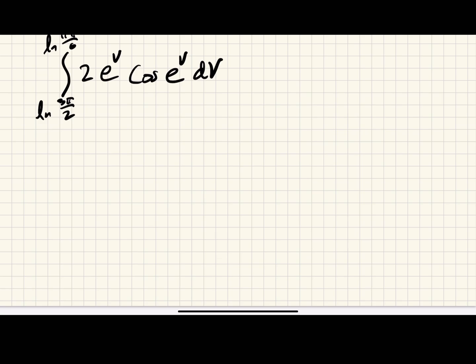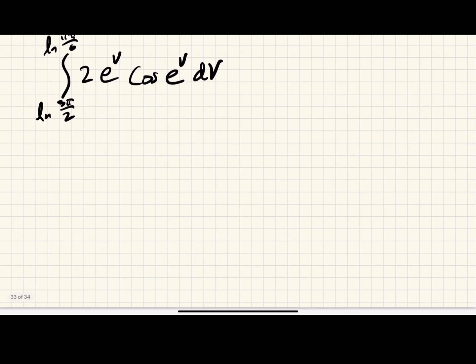What are you thinking u ought to be? e to the v. Probably, I'm thinking that because the integral of cosine is just sine, right? So if I can get something looking good that way, let's give it a try.